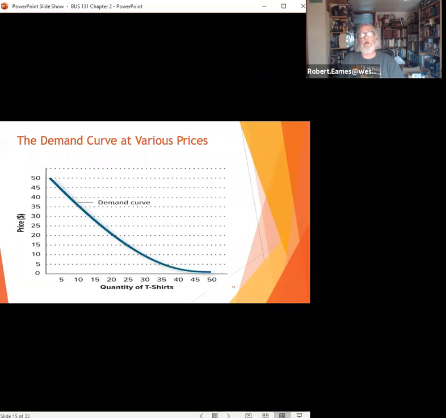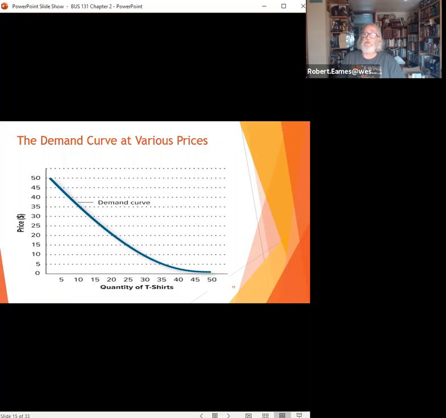Let's take a look at the other curve, the demand curve. Now this demand curve, you'll notice, is the exact opposite. It goes down. So let's just analyze what's going on. This curve is indeed intuitive. It says if you look over on the price side at $50, we'll sell maybe 1 or 2 shirts. If you look straight down, and the first scale on the bottom is 0 to 5 quantity, it looks like at $50, we're going to sell a couple of t-shirts.